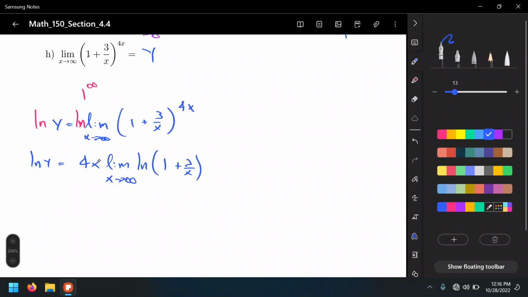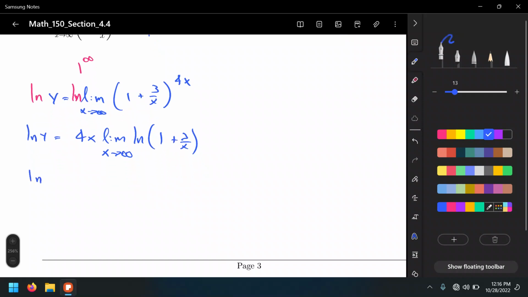However, this x right here, we can write it in the denominator. So ln of y equals 4 times the limit of ln of (1 plus 3/x) over x to the negative 1, because we're about to differentiate. We can write this x in the denominator as x to the negative 1.